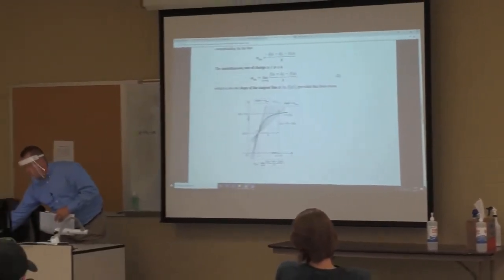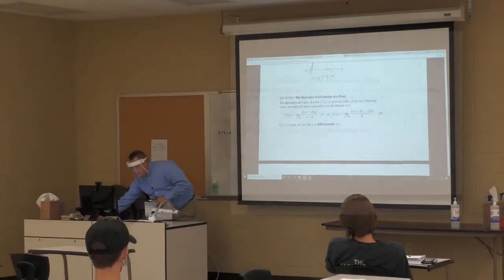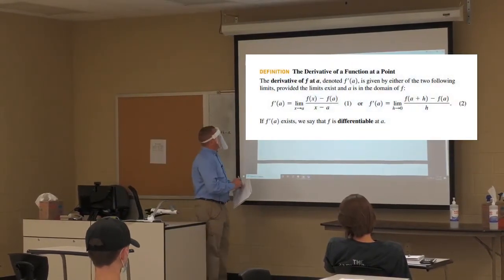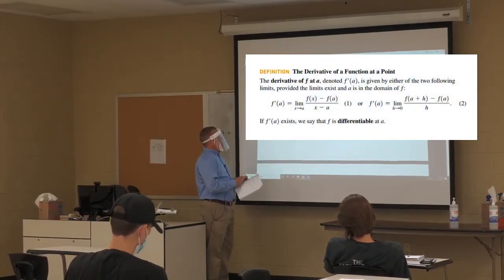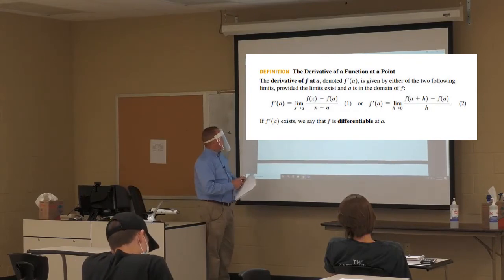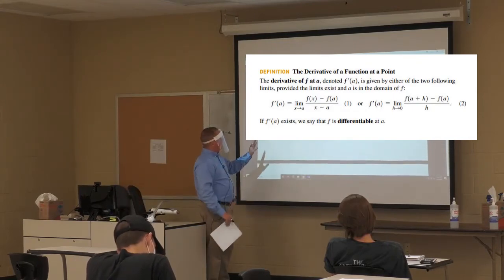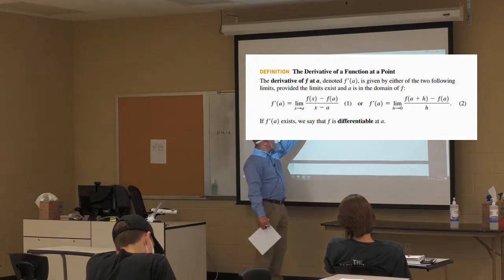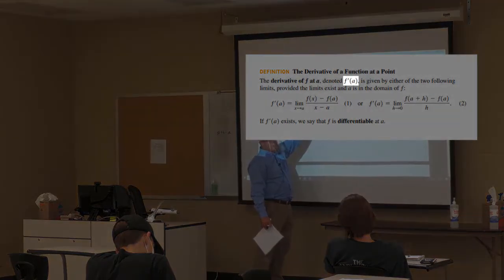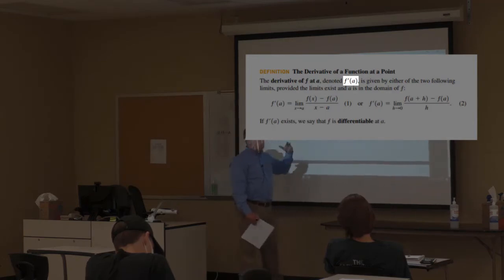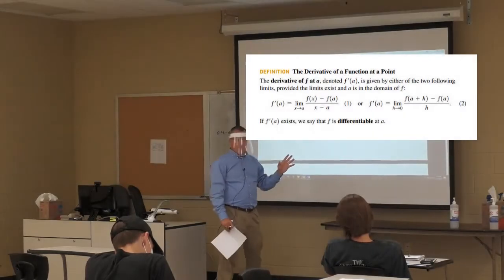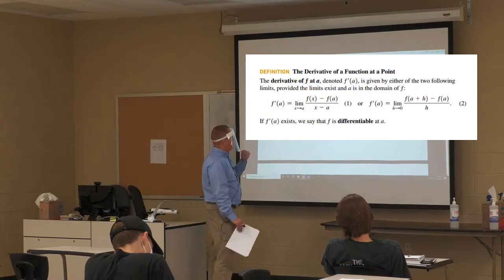If I go down a little more, we have a definition. Okay, so here we go. The derivative of a function at a point. The derivative of f at a, denoted by this. So now, you see that little prime symbol there? Right, that means the derivative. Now, there's other ways of writing derivative, but for now, we'll just look at that one.